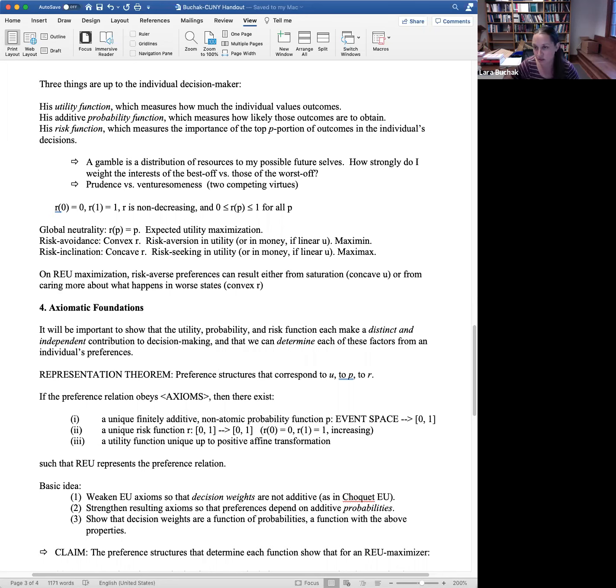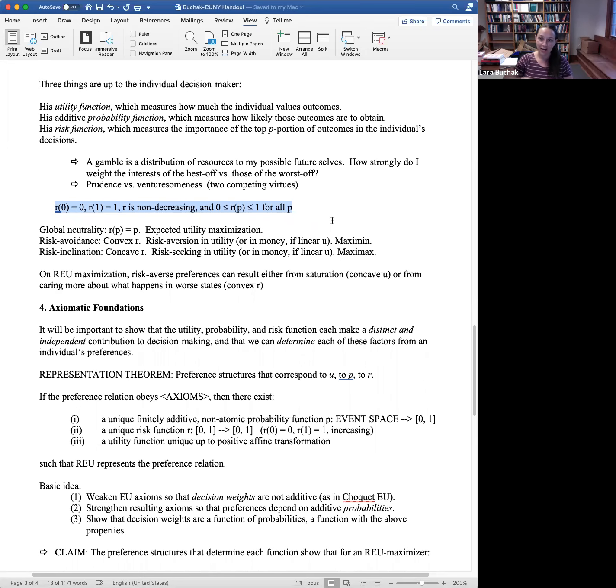And we can say something similar about the risk function. So I've given you the conditions for having a consistent risk function. I in fact think that the range of reasonable risk functions is more narrow, but it contains more than one member. For example, what I've highlighted is consistent with being a maxi-minner, a person that just cares about the worst case scenario.